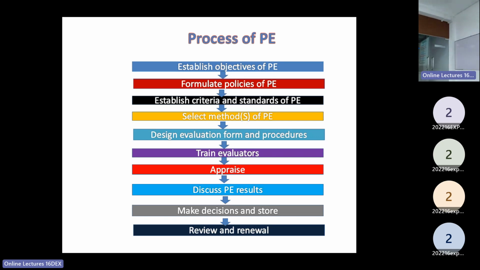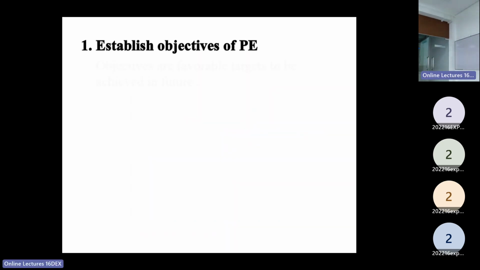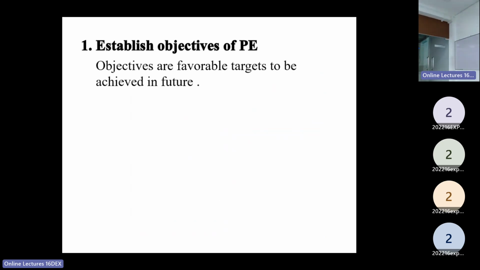So you have to select your own objective, make it your own. You can think of establishing objectives if you refer to the purposes of performance evaluation. You need not list down many objectives. Sometimes maybe only one objective, but it should be your own genuine objective. Understand?